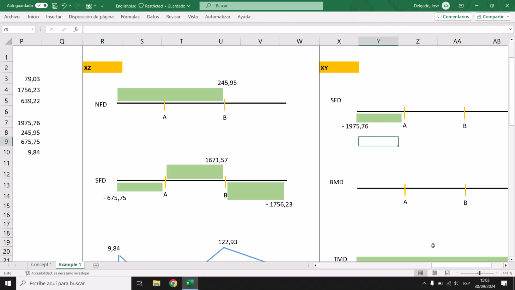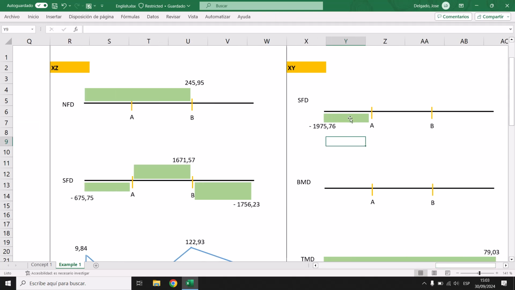Okay, now let's continue with our net reaction of A. I already told you how to calculate this. For you, this is going to be 1,028.07.